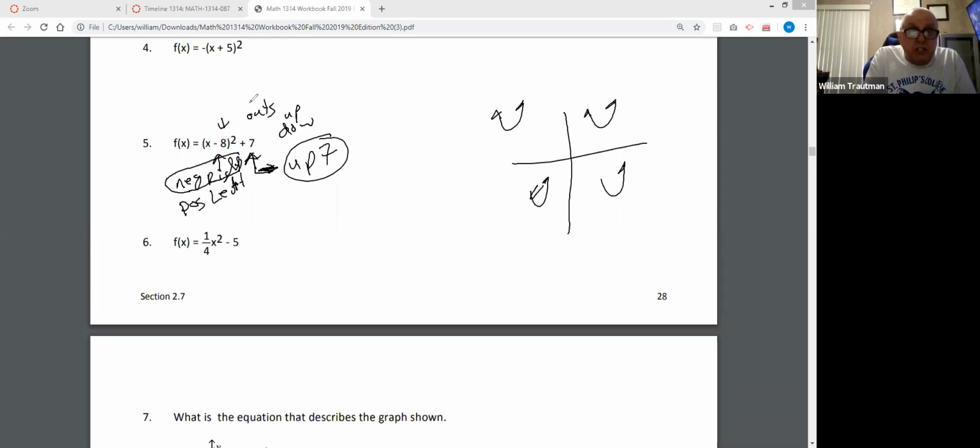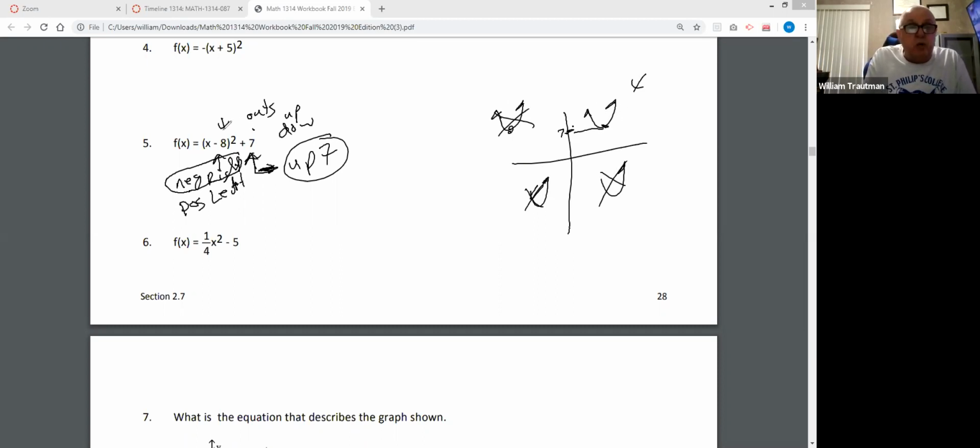Up 7 and to the right 8. So this has to be the correct graph. Do you see this is to the left? So that can't be. This is down and to the left. This is down. So it has to move up 7 to the right.